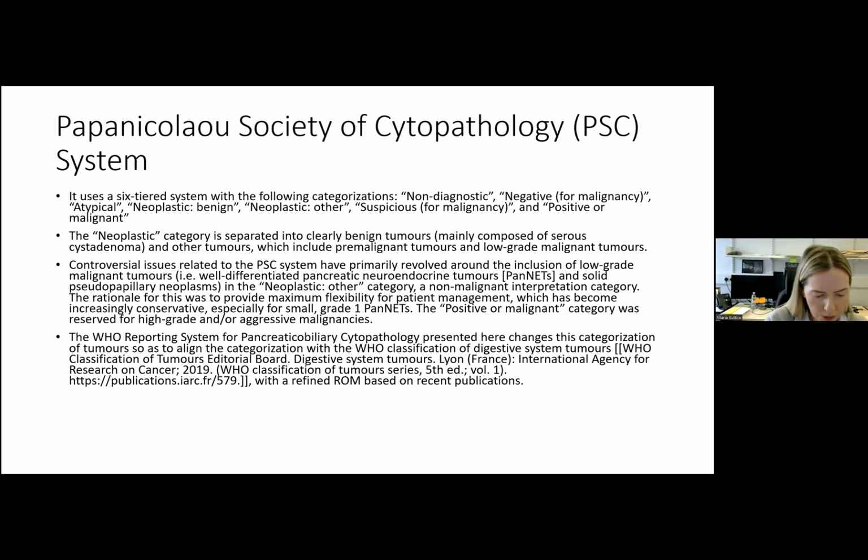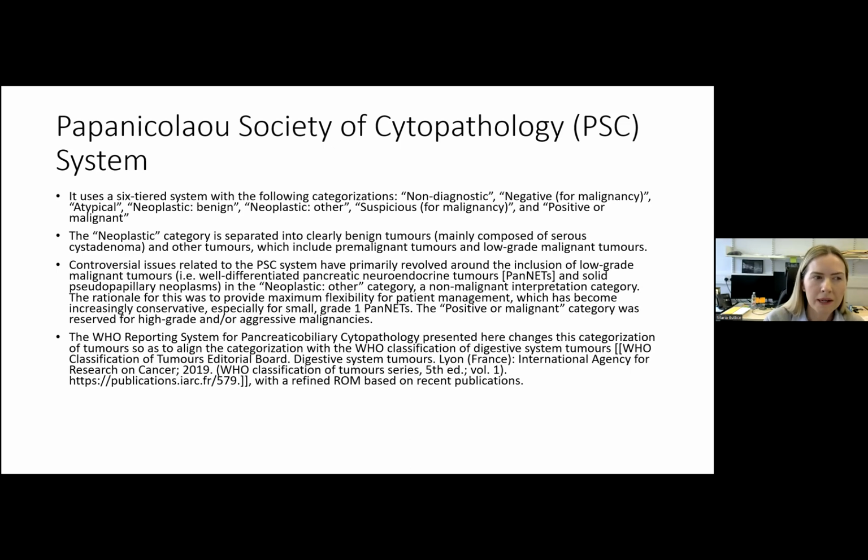For those who are well aware of the Papanicolaou classification, it uses a 6-tier system: non-diagnostic, negative, atypical, neoplastic benign, neoplastic other, suspicious, and positive for malignancy. The main difference between the Papanicolaou Society classification and the new WHO classification revolves around the neoplastic other category.